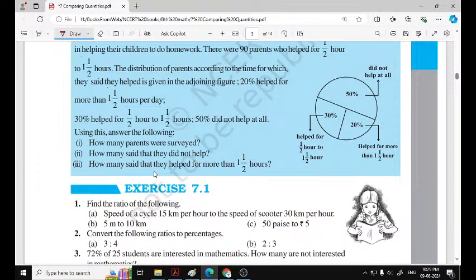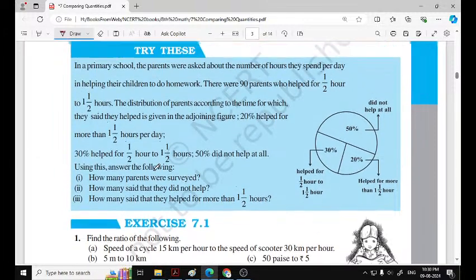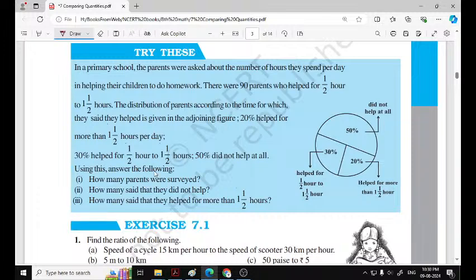How many parents were surveyed? There were 90 who helped half an hour to 1.5 hours. So 90 is 30% of X, because 30% of parents helped for half an hour to 1.5 hours.